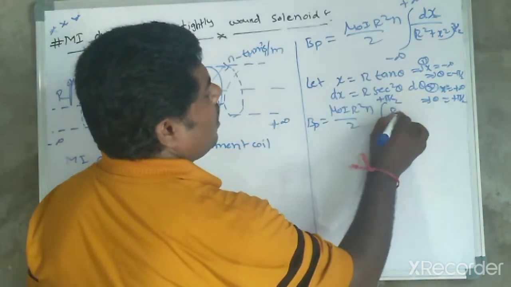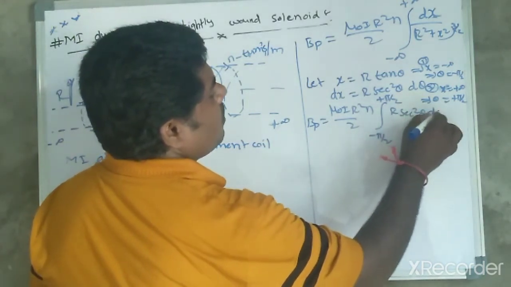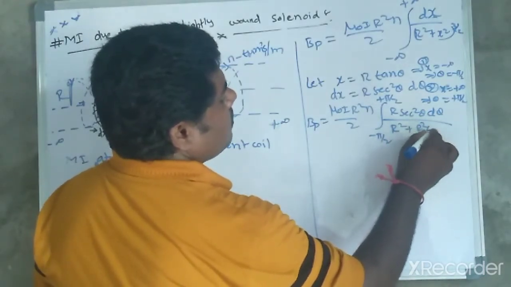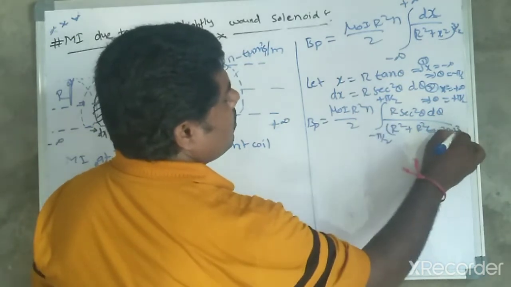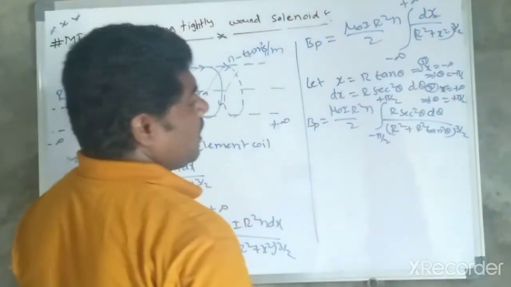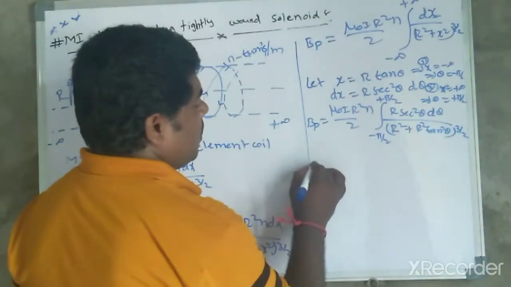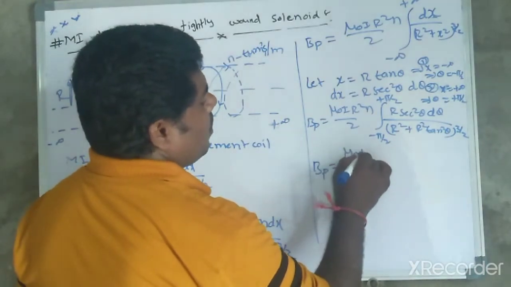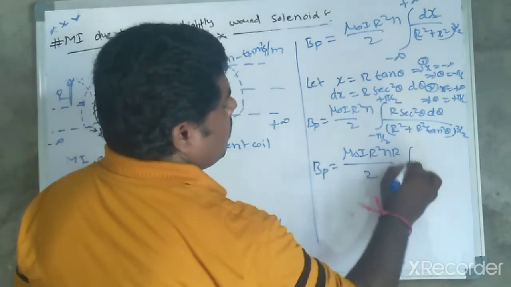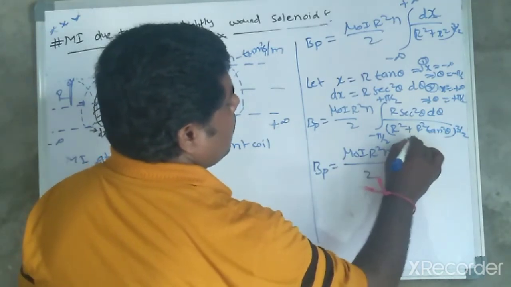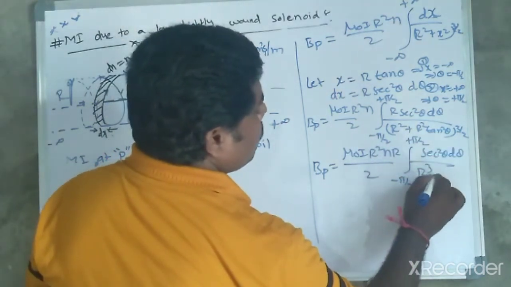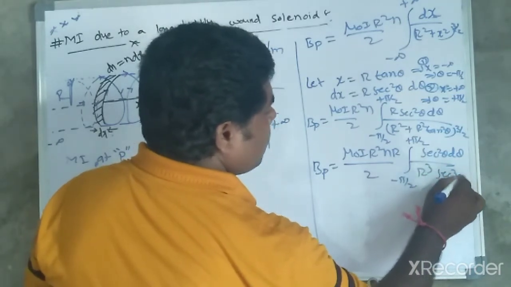Here dx is r sec square theta d theta divided by (r square plus r square tan square theta) whole power 3 by 2. Taking out r square common, 1 plus tan square is secant square theta. That's why BP is equal to mu naught I r square n into r divided by 2, integral from minus pi by 2 to plus pi by 2 of secant square theta d theta divided by r cube sec cube theta.